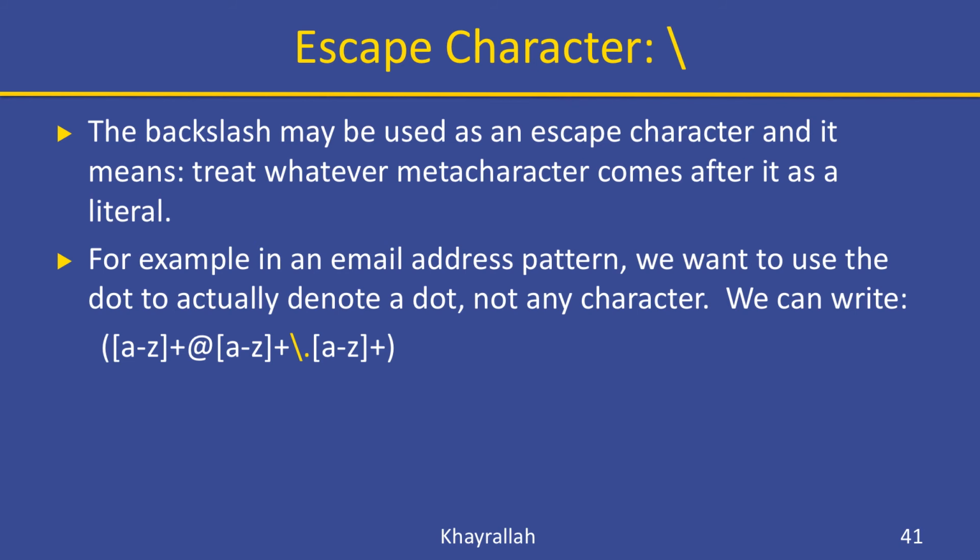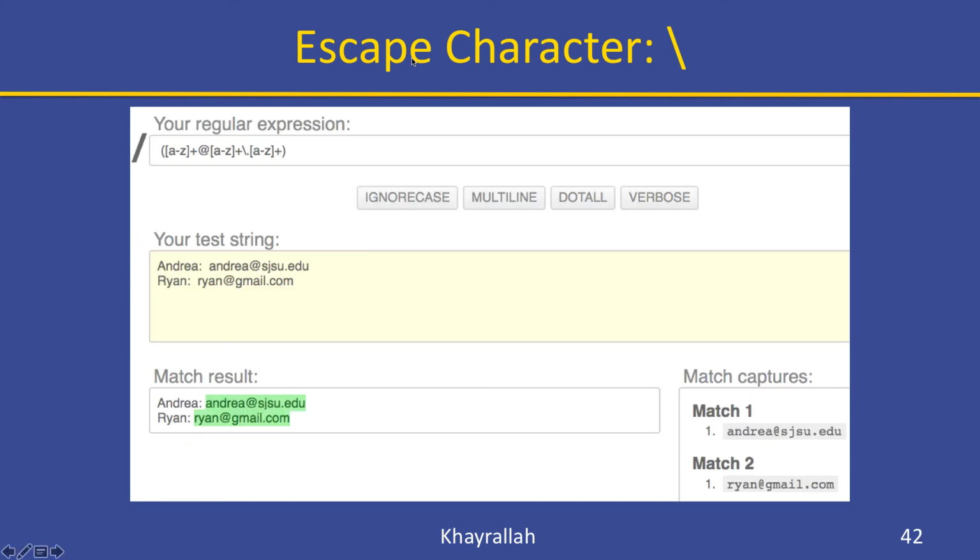So we precede the dot with a backslash, and that means consider this dot as an actual dot, not as a meta character, and we get the email address matched correctly. Note here that I enclosed the whole regular expression in parentheses because I wanted a capture group. I want the email address to be captured, and I got to see it right here. I have two matches, and each match has one capture group corresponding to the parentheses here.